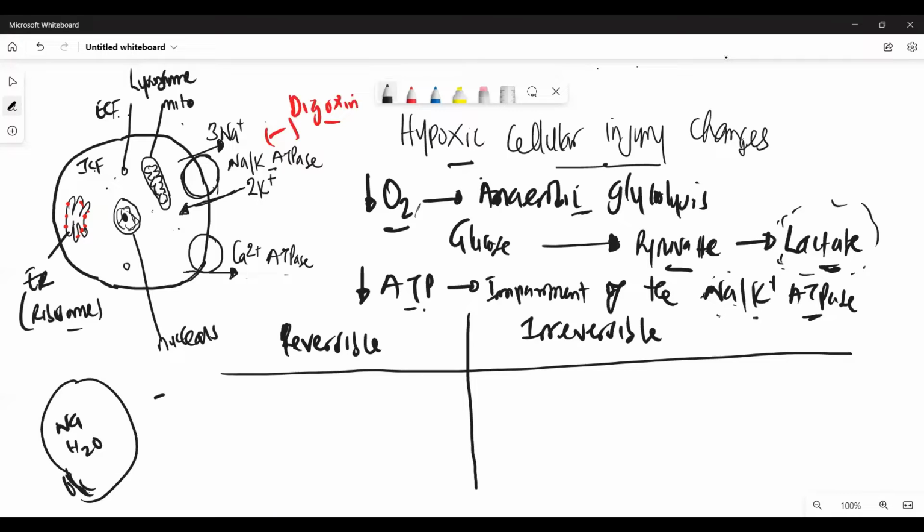So the first change we have to see is cellular swelling, right? And it's not only the cell that swells, all the organelles inside it are also going to swell.